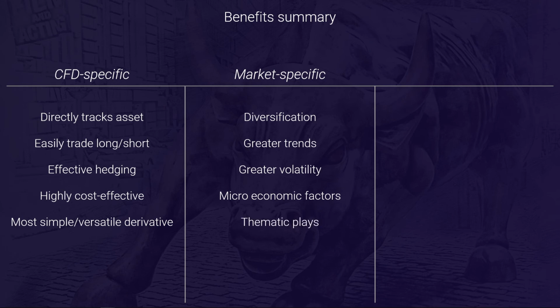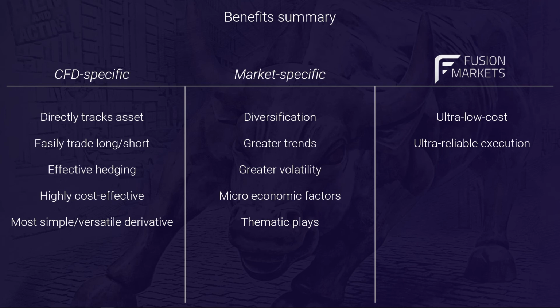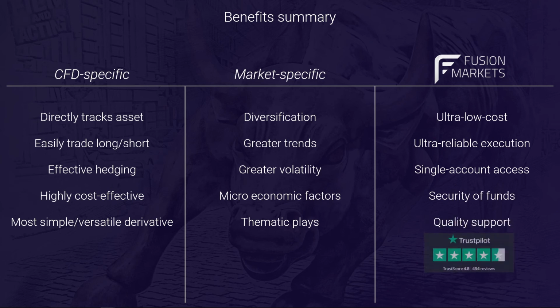As we touched upon before, and as we expand upon in greater depth in another section, there's the Fusion Markets benefits, once again, being ultra low cost, even by CFD standards, ultra reliable execution, single account access, once again, security of funds, quality support, as we touched upon previously also.